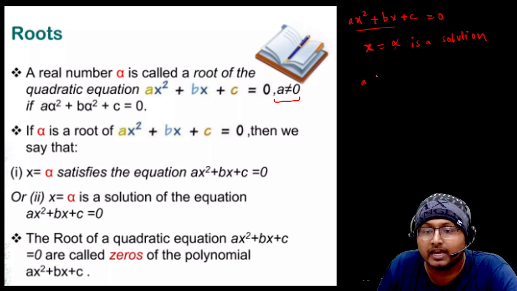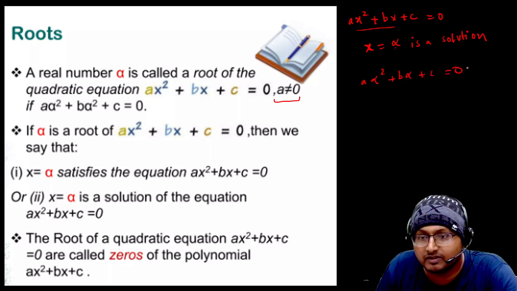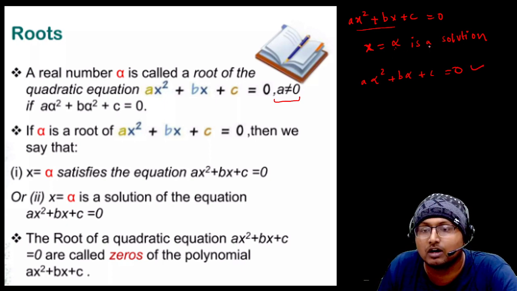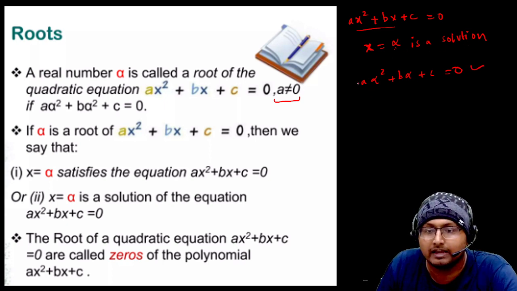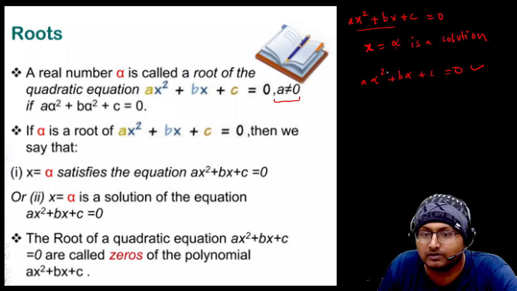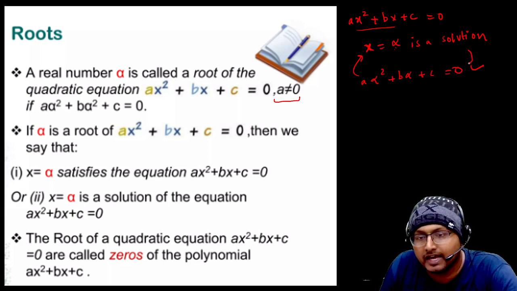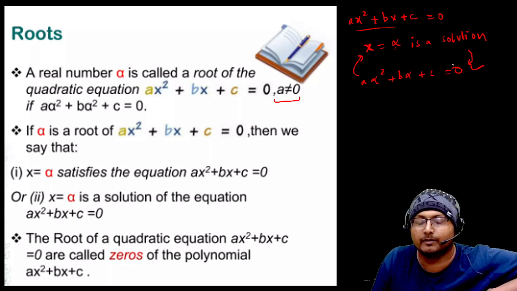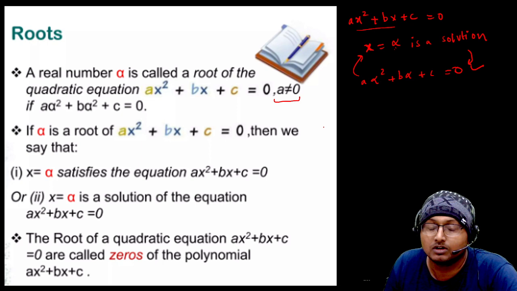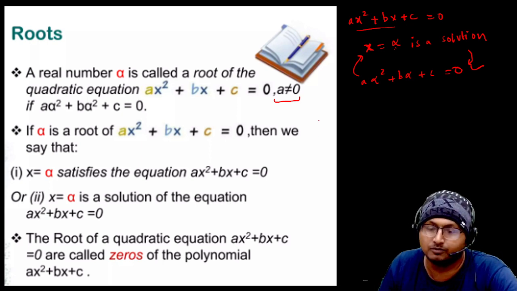Means a alpha square plus b alpha plus c equal to 0. Or vice versa, if a alpha square plus b alpha plus c equal to 0, then x equal to alpha is a solution.